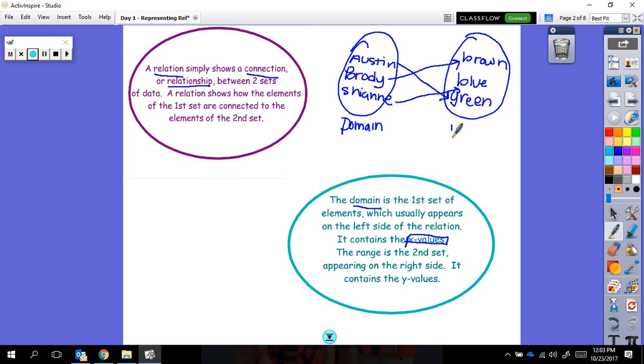Okay, the range is the second set of values, and it is the Y's if you're talking about a graph on a coordinate plane, or a set of XY ordered pairs, etc. Okay, so we know this word domain, we know this word range. A relation is just showing that whatever is in the domain column is related to what is in the range column in some way, okay?